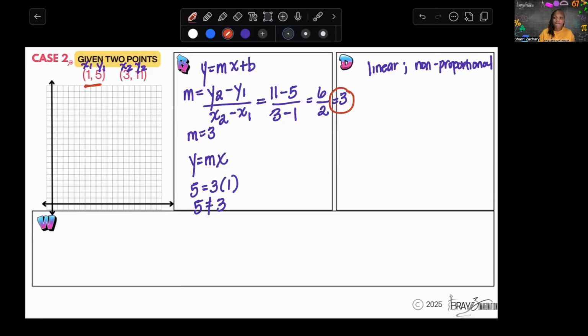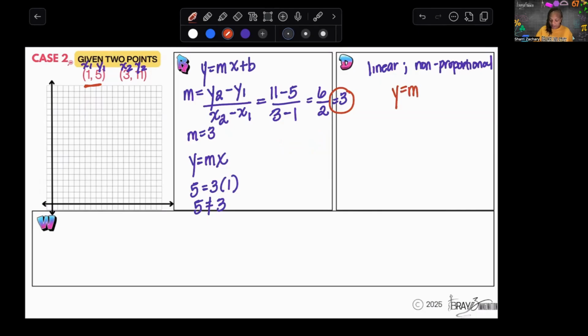And now I need to finish out the equation so that I can figure out what the y-intercept is. Okay, so I am going to now, in my draw box, perform my calculations so that I can know what the equation of this line is, because that's what I need to ultimately put on my graph.